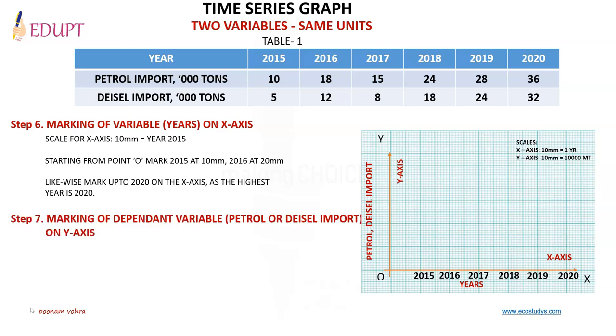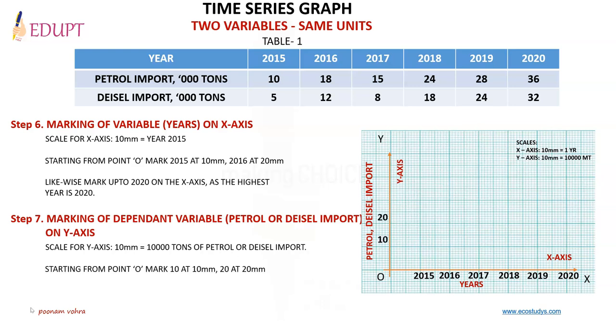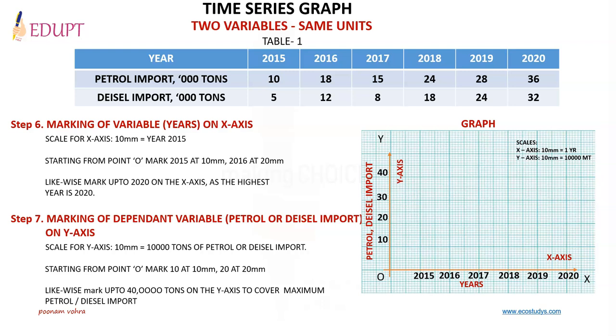Exactly on the same lines, mark the dependent variable, that is petrol and diesel import, on y-axis, beginning with 10 millimeters, showing 10,000 tons of petrol and diesel import. And then at 20 millimeters distance, mark for 20,000 tons and mark points till 40,000 tons of petrol and diesel.